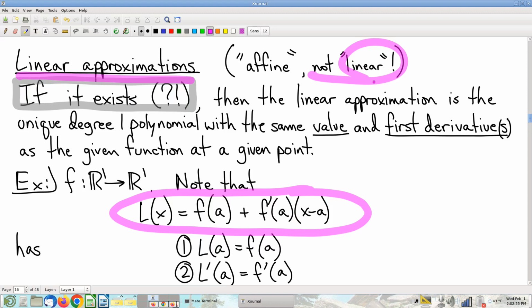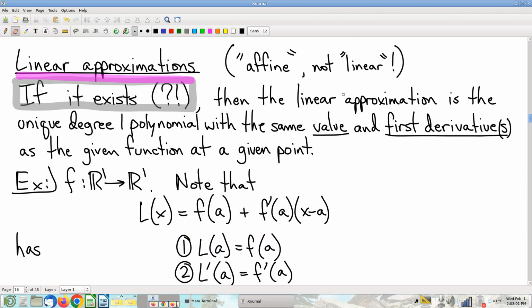L of 0 would have to equal 0 if it were actually a linear transformation. So it's not linear. The word is affine, but y'all don't need to worry about that. There is something related to linear approximations that actually is linear, so the name is not entirely ridiculous. It's just that we're going to have to pause and wait for that to reveal itself very soon.